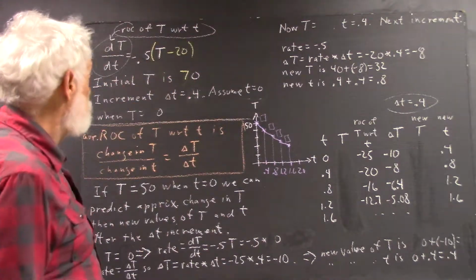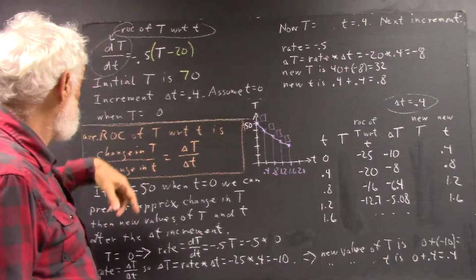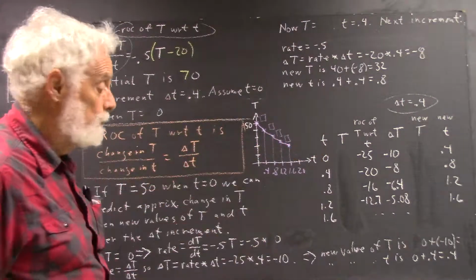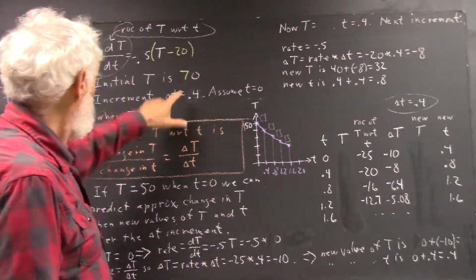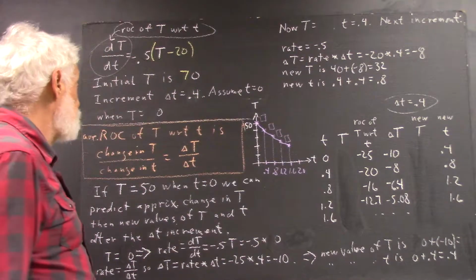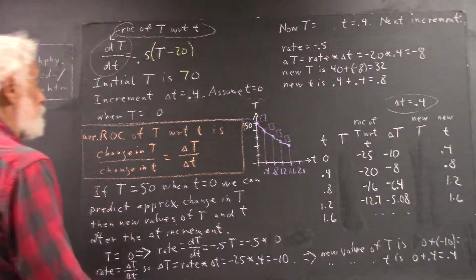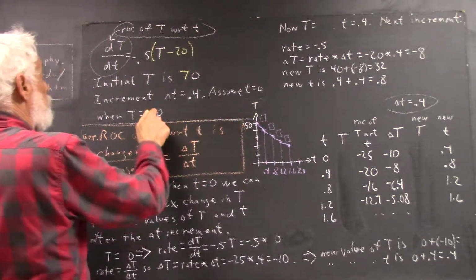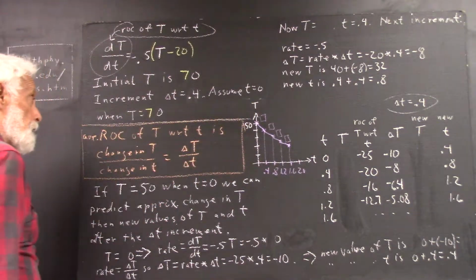And so the numbers don't have to change much, let's assume we have an initial temperature of 70 rather than 50. You could work it out for 50, but I'm going to work it out for 70. Now everything else is the same. So we're going to assume that little t is 0, time is 0, when temperature is 70.